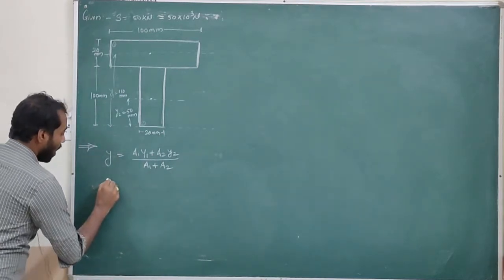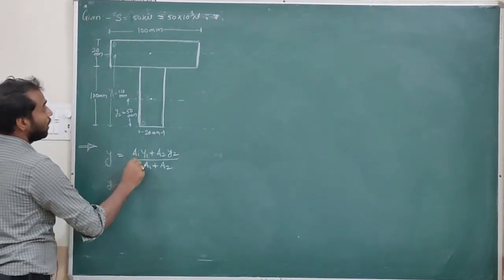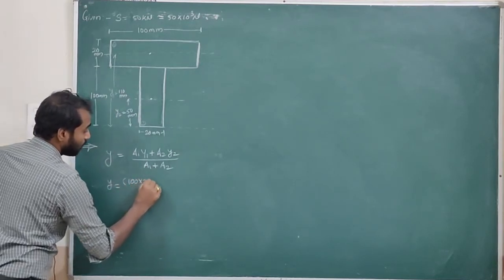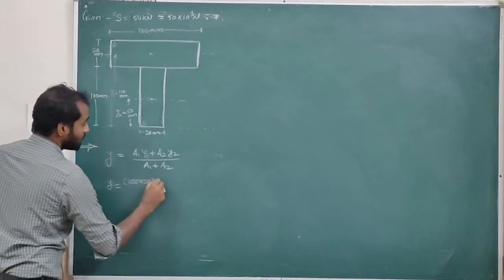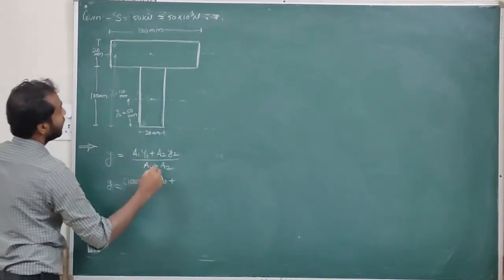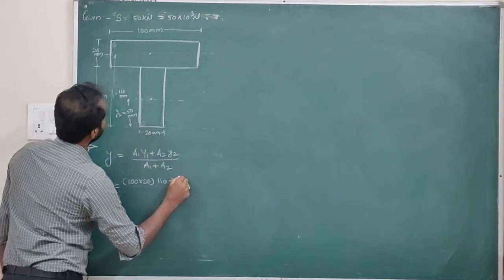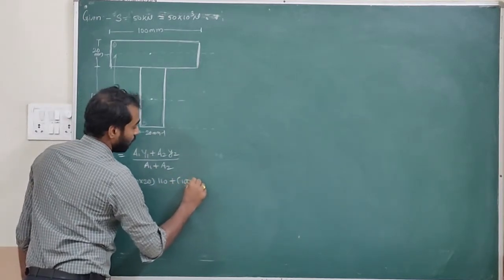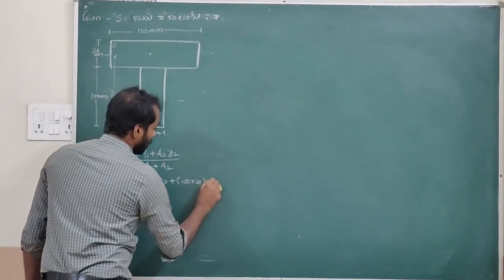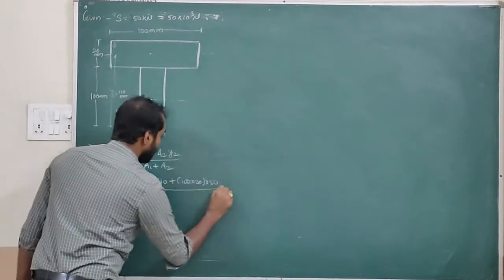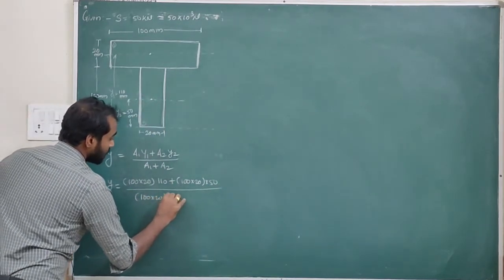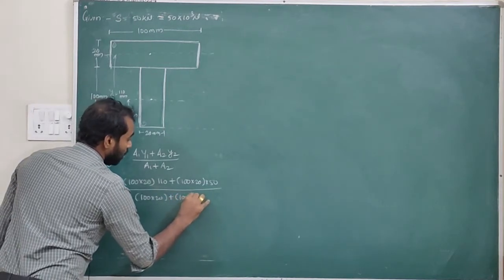So y is equals to a1, area of first element, which is 100 into 20, multiplied by y1, which is 110, plus a2, the area of second element, which is again 100 into 20, multiplied by y2, which is 50, divided by area of first element, that is 100 into 20, plus area of second element, that is 100 into 20.